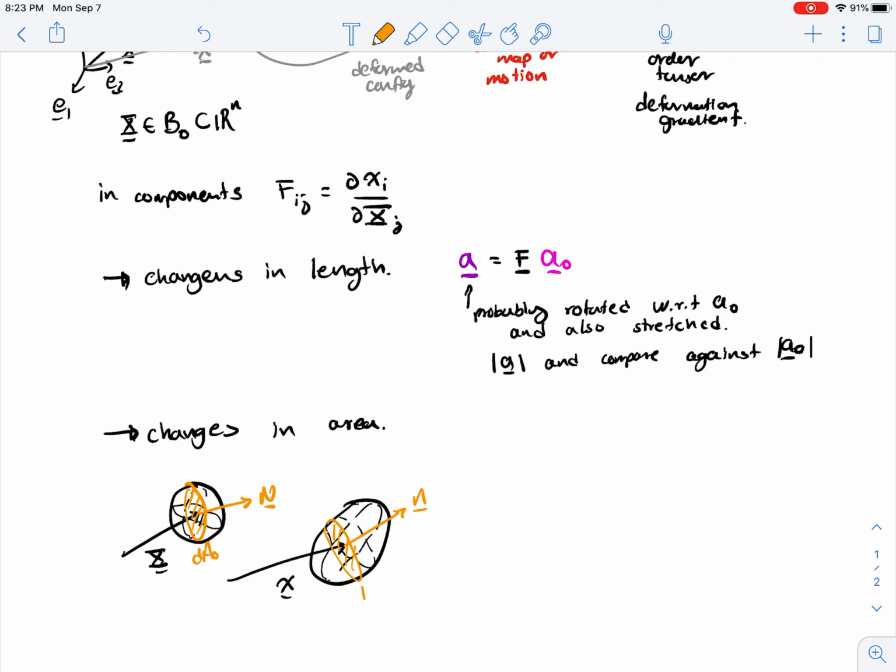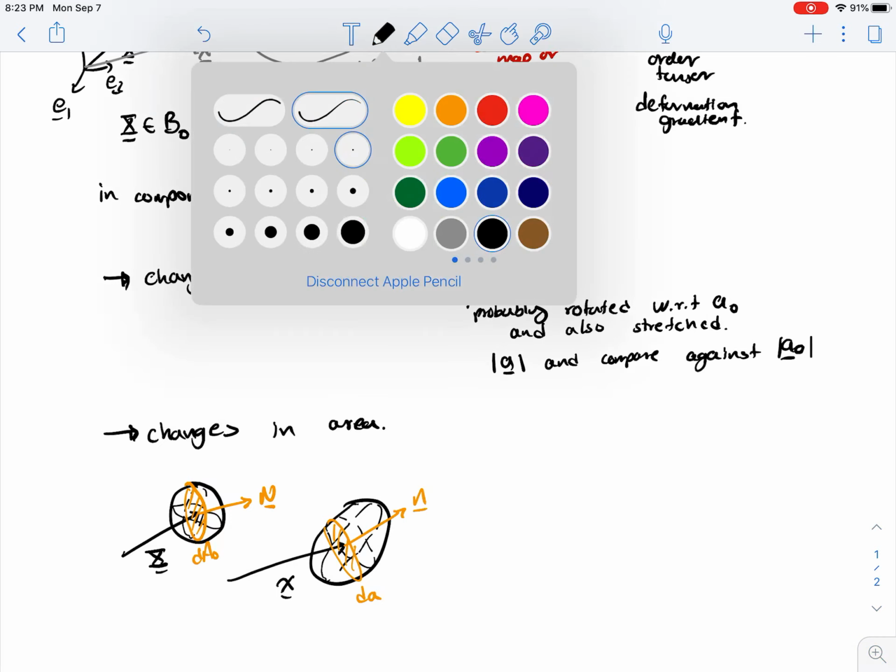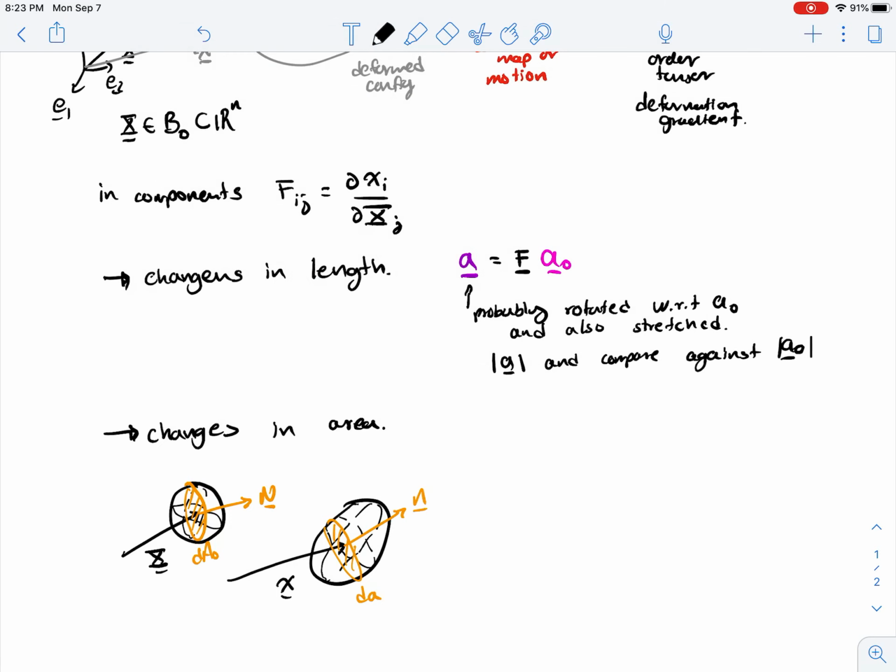And then what I said was, let's call this dA naught, and let's call this dA. You can do it in such a way. If it's a unit sphere, then dA naught is not 1, but you could scale your sphere so that the dA naught, for example, is 1.